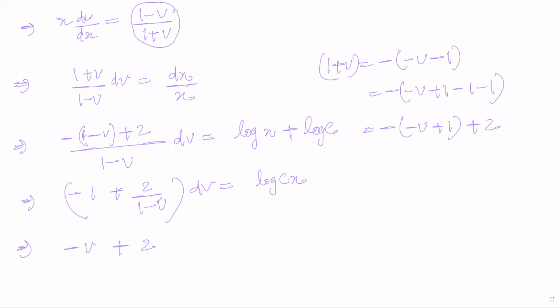And this becomes 2 into log of 1 minus v divided by minus 1 is equals to log cx. This was the concept we have already learned. This is just the method of integration, right?